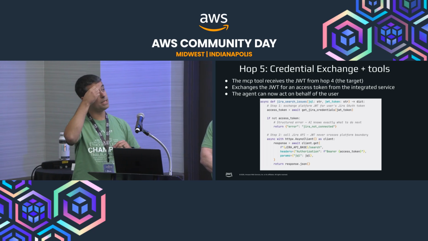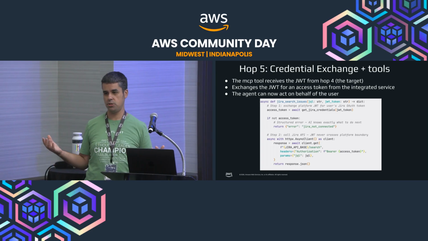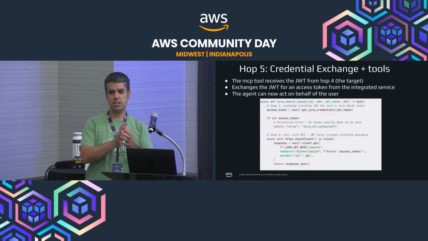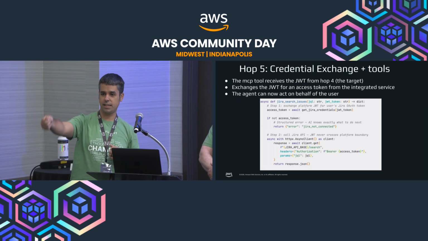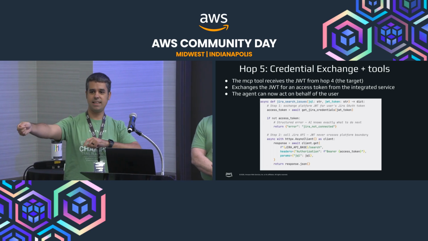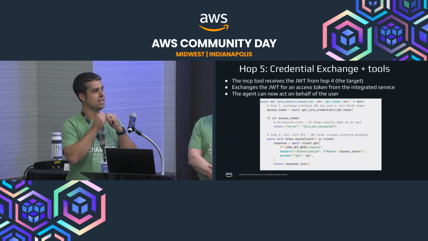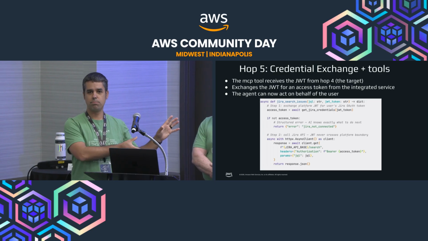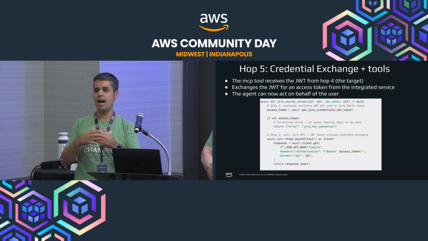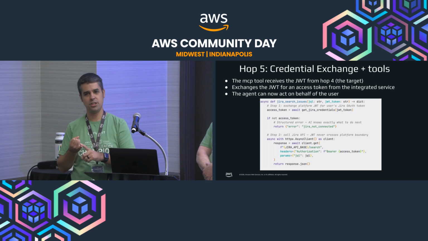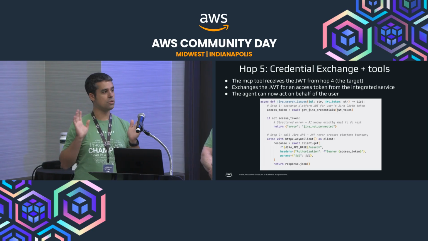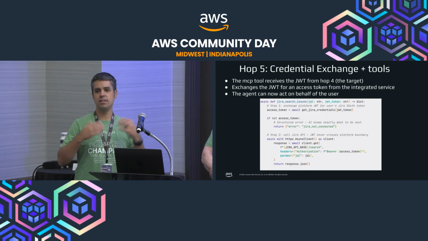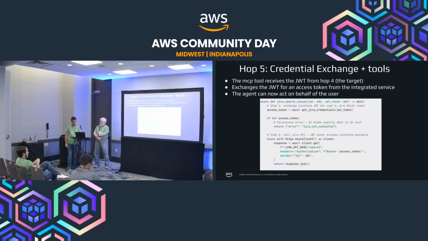In this case, the example we give is being able to search issues in Jira. So that JWT that came all the way through each hop in the chain is now used to authenticate to Jira. Then that will exchange it for an access token, and now the agentic process can operate as if it was the user, create Jira issues, read Jira issues, any sort of access that user has in Jira, now that process can do.